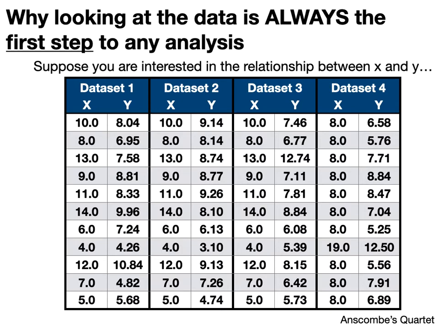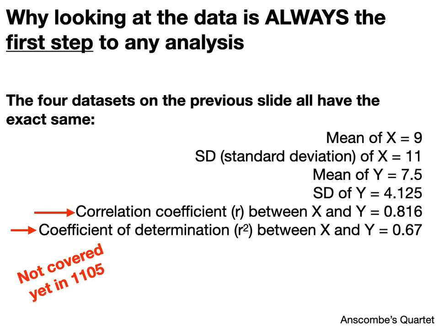Okay, so we've got 4 different sets. All of them have the same sample size. I think there are 10 or 12 data points here, and we have an x and a y in each case. The 4 data sets all have some of the same properties. The mean of x and the mean of y are the same in each data set.